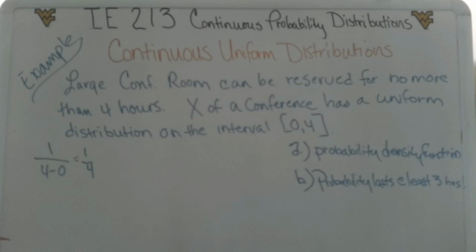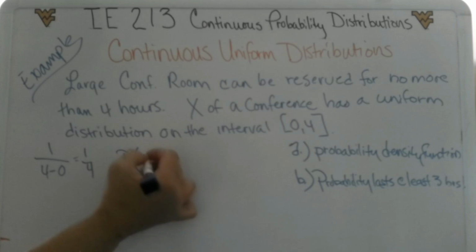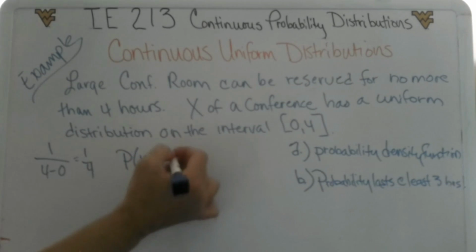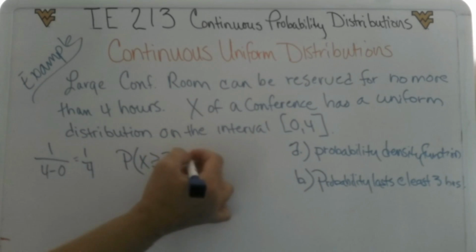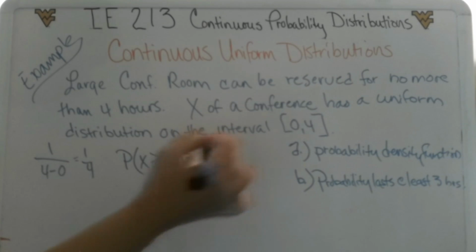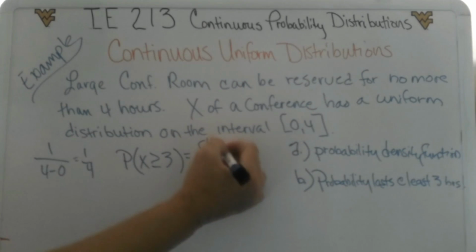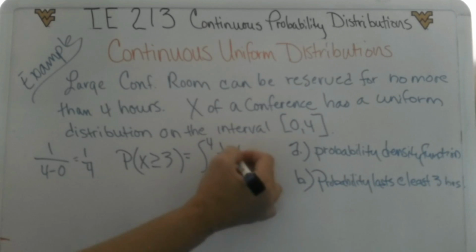And then part B says, what is the probability that any given conference lasts at least 3 hours? So we would have to do the probability that X is greater than or equal to 3 is equal to the integration from 3 to 4, because to be greater than 3 and inside this interval, it would be between 3 and 4, of 1/4, which is our density function, dx.